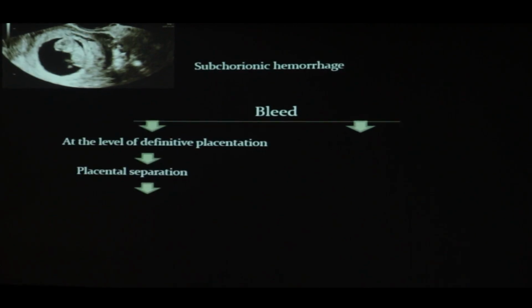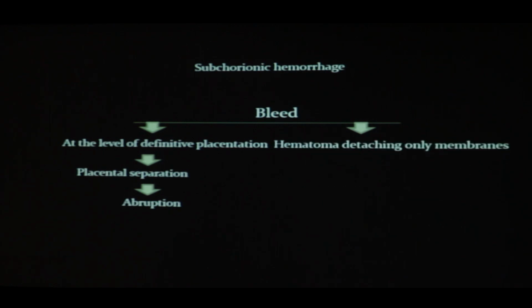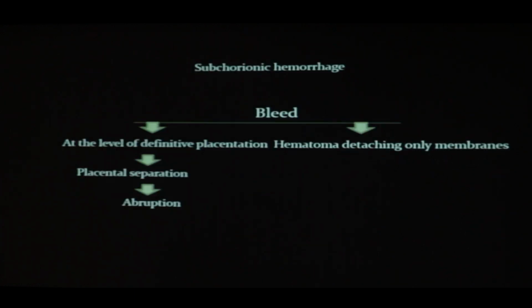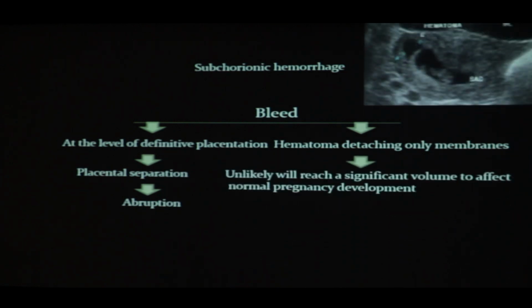If it is at the level of placentation, it can lead to placental separation and will lead to abruption. But hematomas that detach the membranes only will unlikely reach a significant volume to affect normal development.